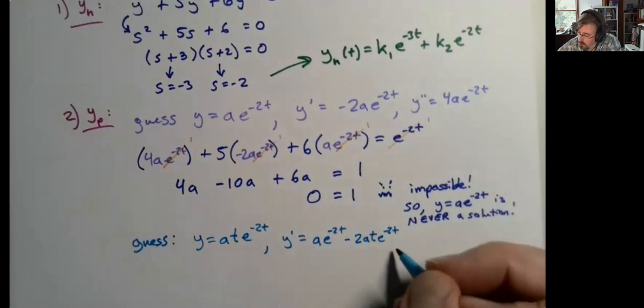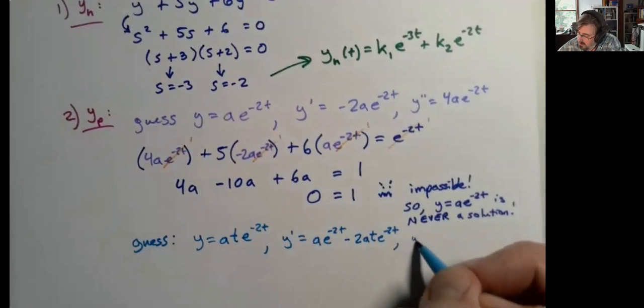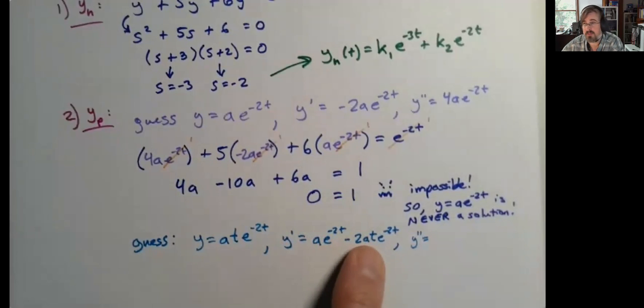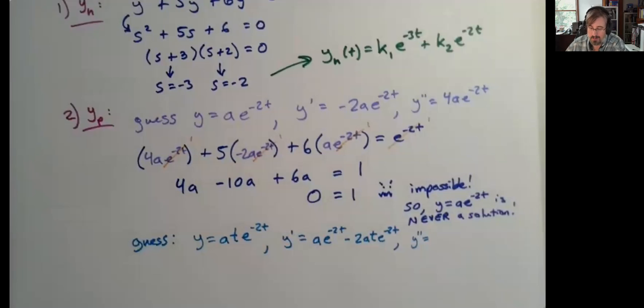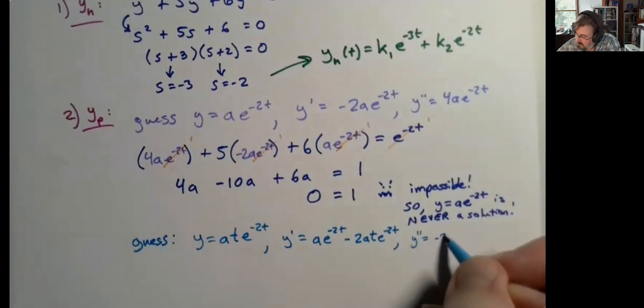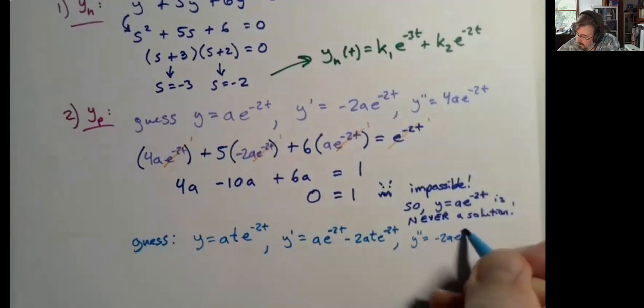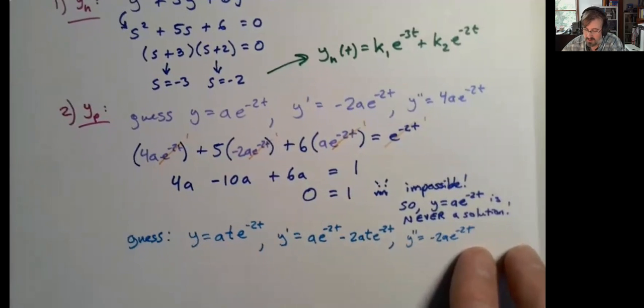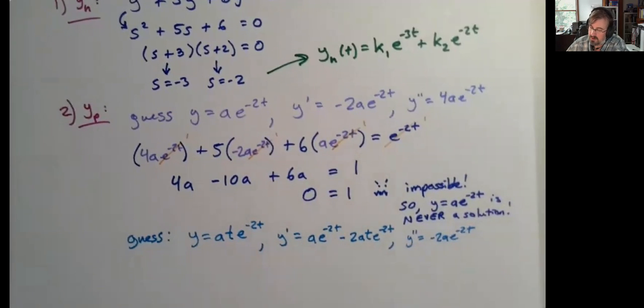And then, of course, we can do the same thing for y double prime. Because y double prime is taking the derivative of this, it's going to have a term from this thing's derivative and then two terms from this thing's derivative. So it's just clunky. It's just a little bit more calculus. It's not terrible. It's going to be negative 2a e to the minus 2t. I'm not going to be able to fit it all in on this line, but I'll write it underneath here.